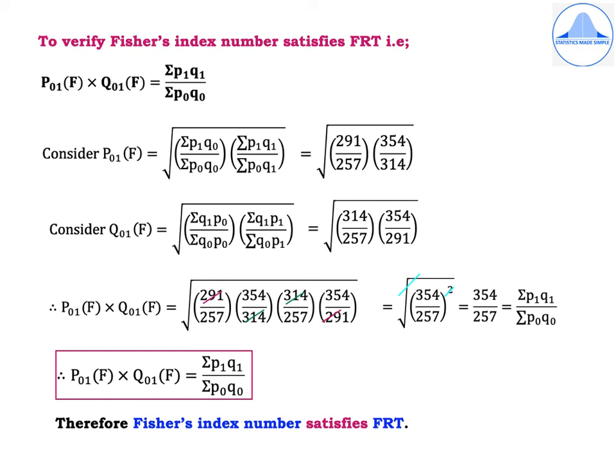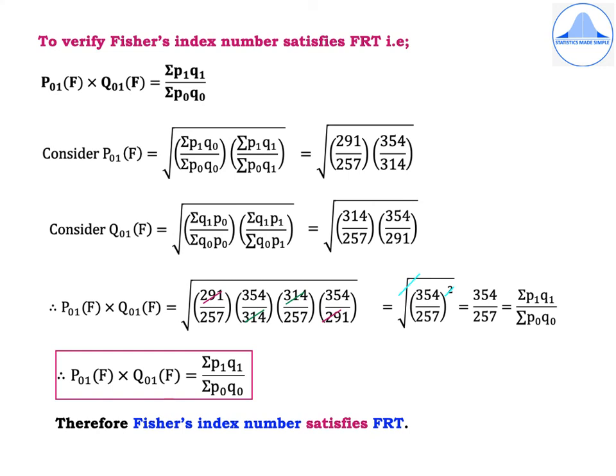And consider Q01 of f, which is equal to root summation Q1 P0 divided by summation Q0 P0 into summation Q1 P1 divided by summation Q0 P1, which is equal to root 314 by 257 into 354 divided by 291.